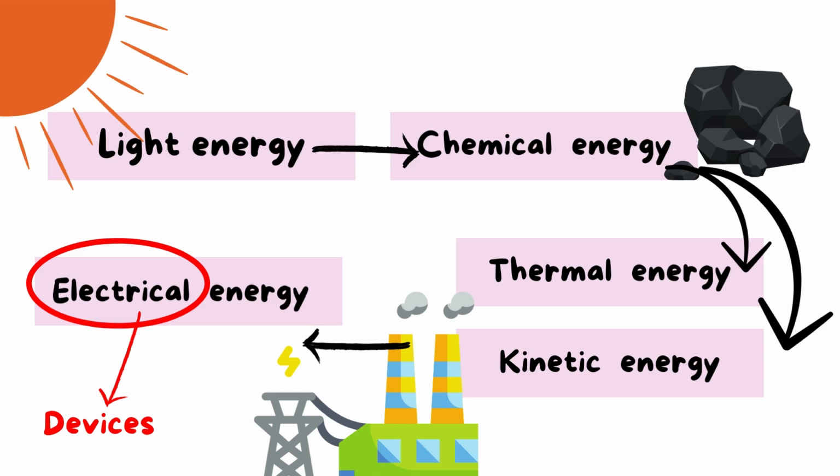After this, the kinetic energy transforms into electrical energy, and this electrical energy is used to operate many devices. So what is this called? Energy chain, as we study the flow of energy through the changes of energy.